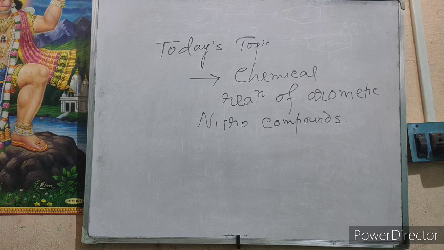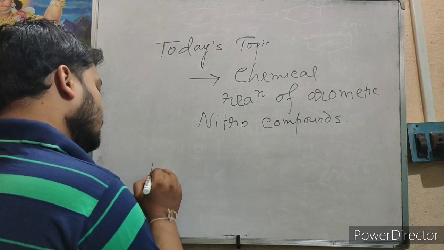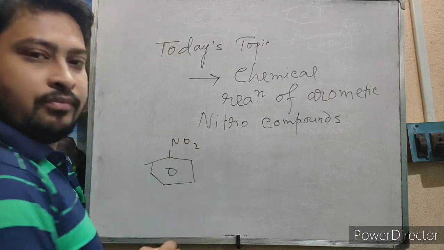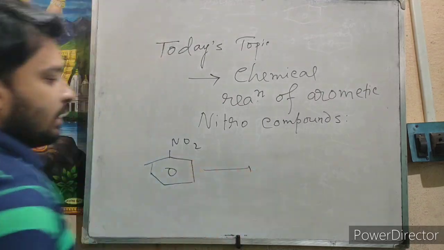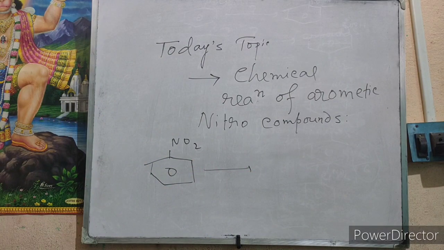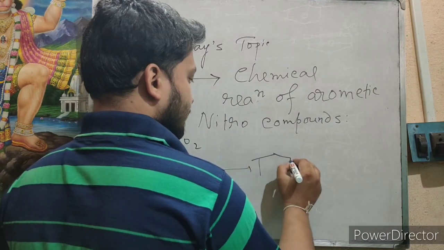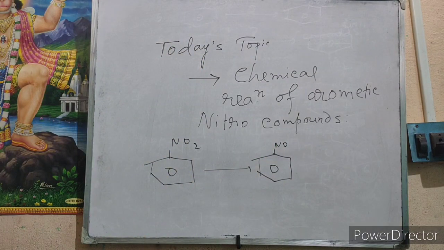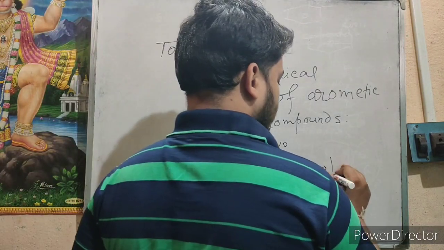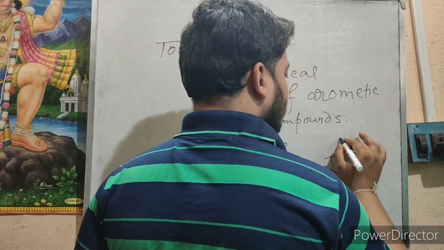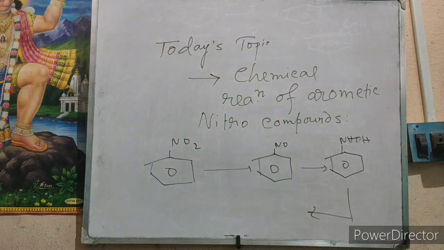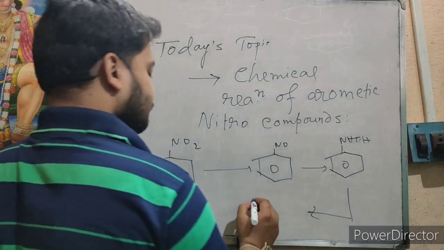So if you take nitrobenzene, you can prepare from here NO, and then NHOH, and then NH2.